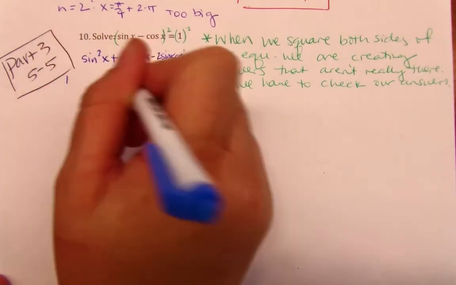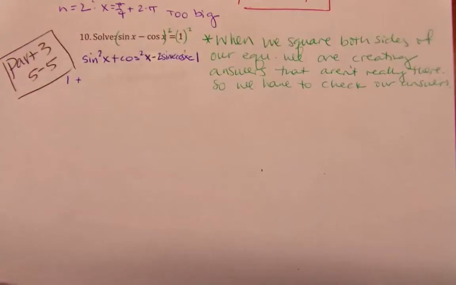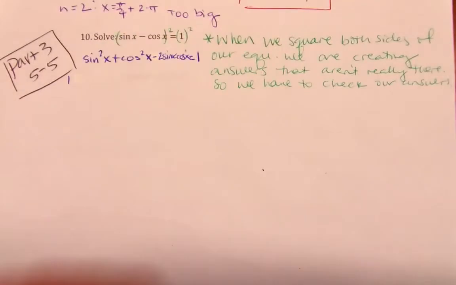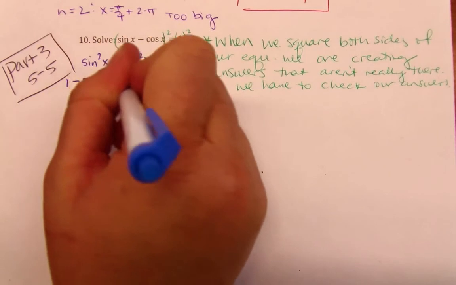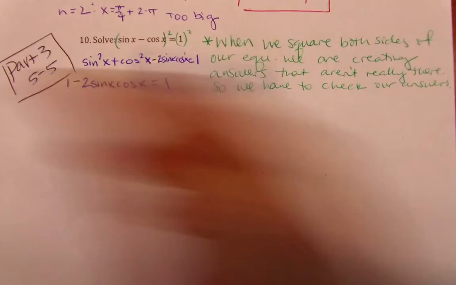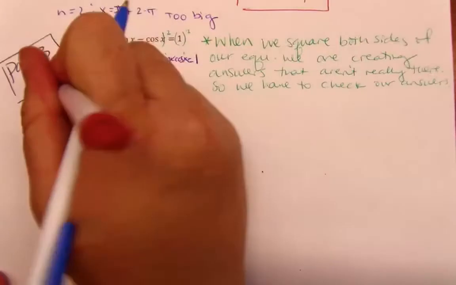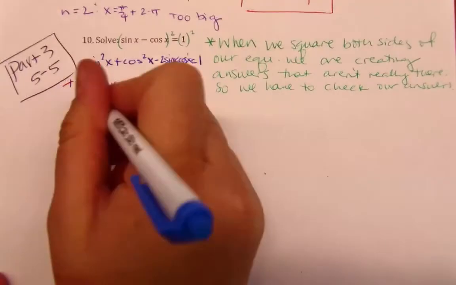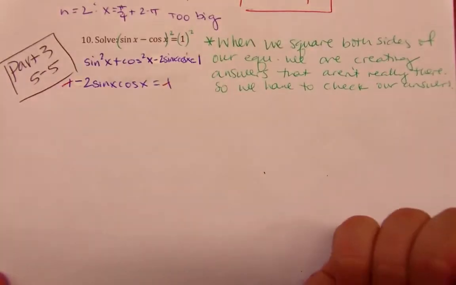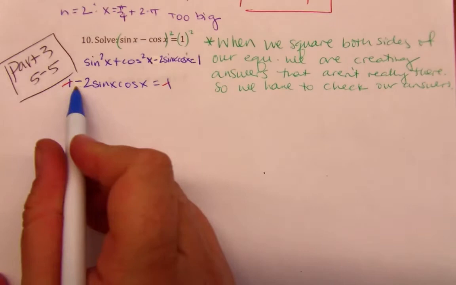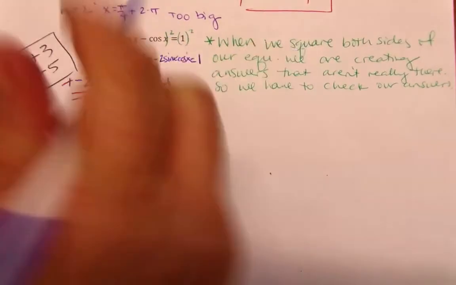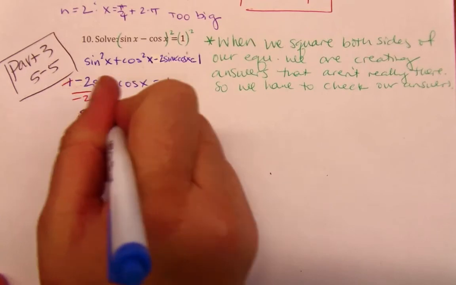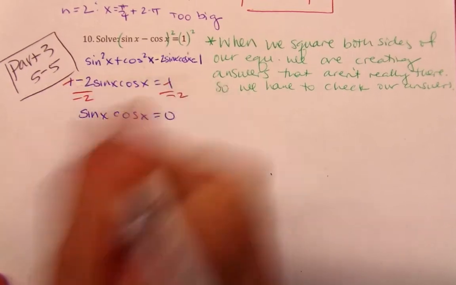So we have 1 minus 2 sine x cosine x equals 1. And I can subtract 1 from both sides. And I'm going to divide by negative 2. So we have sine x cosine x equals 0.